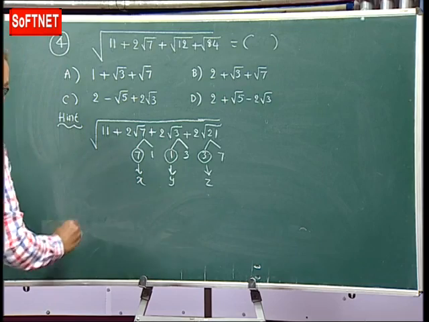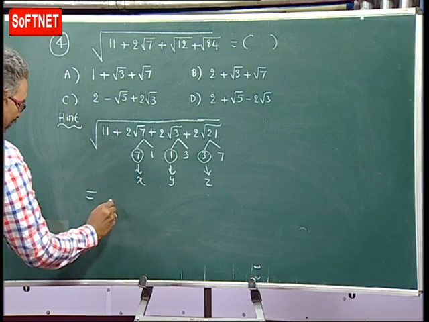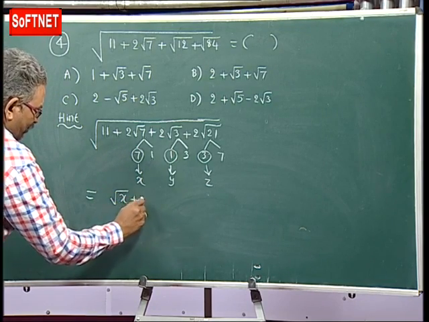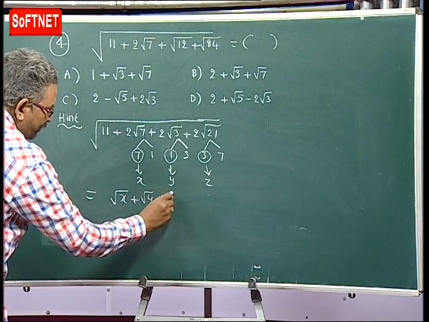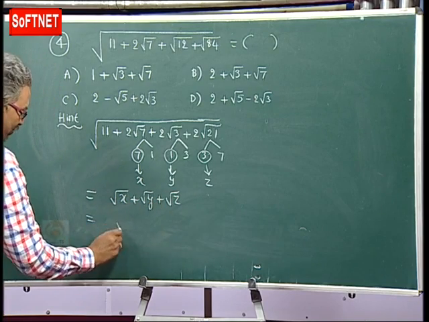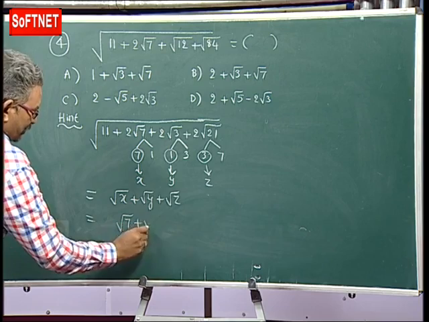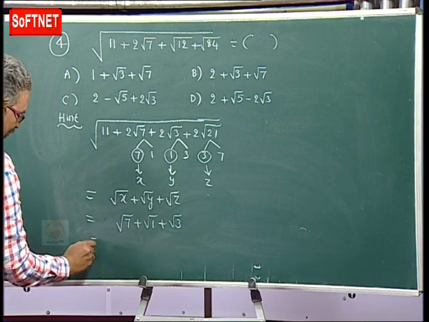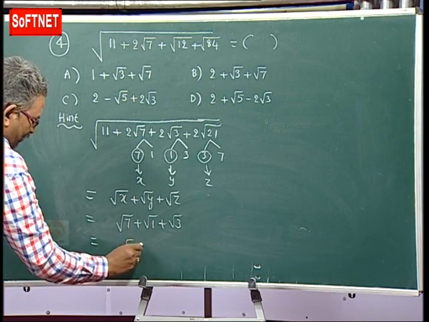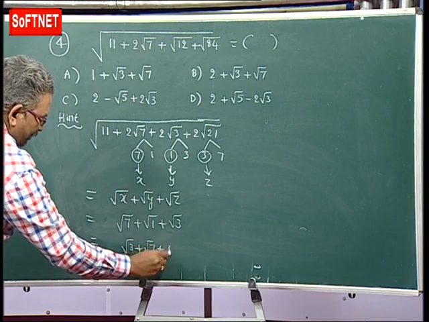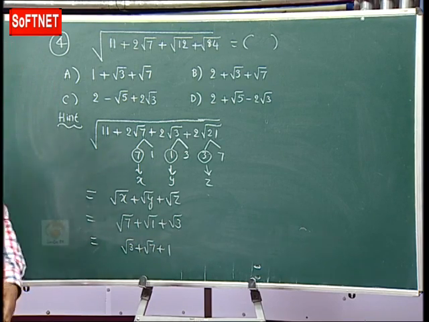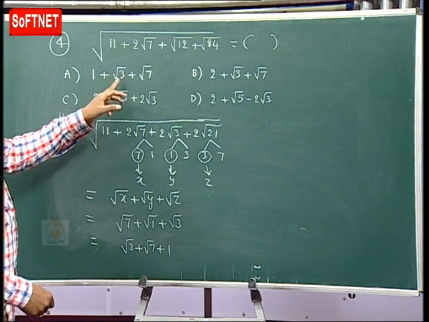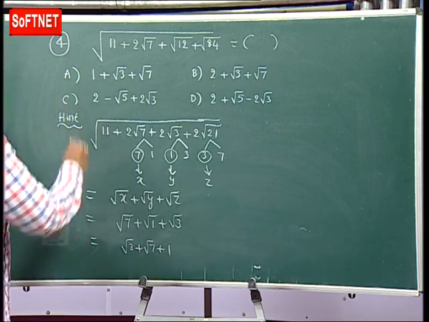So, here answer is very simple, root x plus root y plus root z. So, now root 7 plus root 1 plus root 3. This is root 3 plus root 7 plus 1. Order may be different. So, 1 plus root 3 plus root 7 is the right answer.